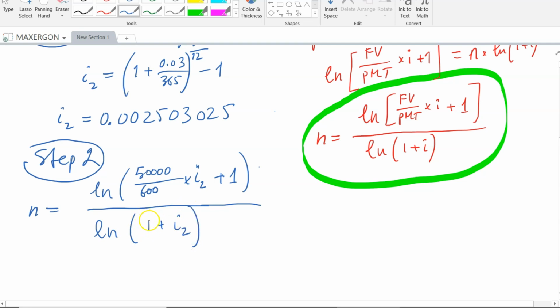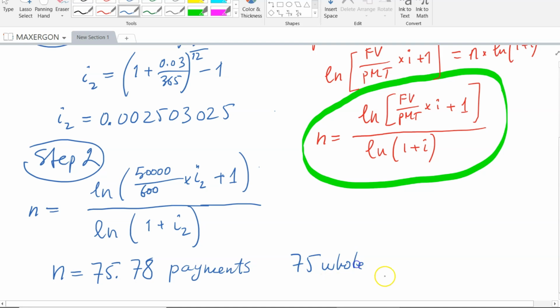And again, this I2 is stored in the memory of the calculator. Now we are ready to compute n. 75.78, rounded to 2 decimals, payments. What this answer means is that we have 75 whole payments and 1 partial payment.